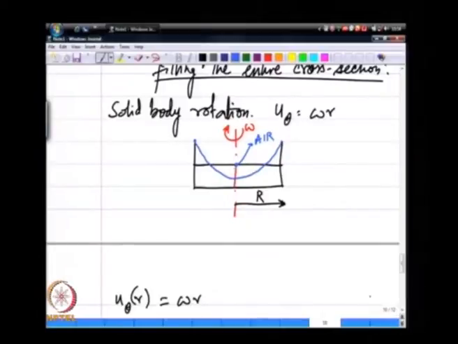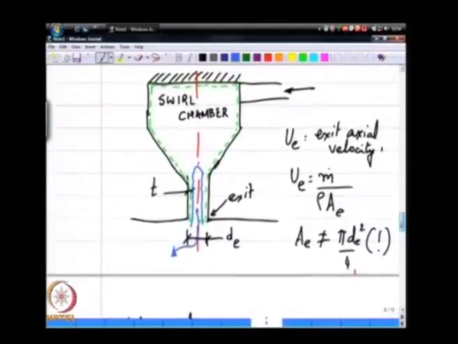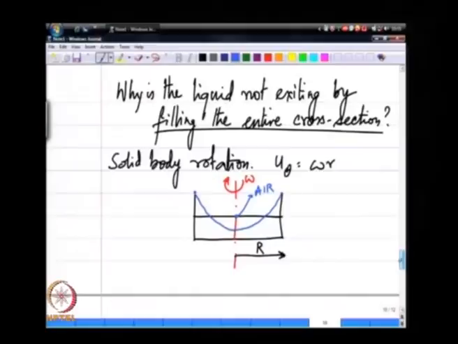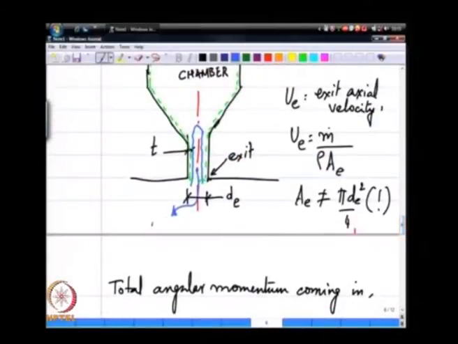Now, as I spun the container up to some finite angular velocity omega, the air which was outside got dragged in here because of the pressure gradients. The net result is exactly the same as in this case, except since there is no stabilizing force like gravity, the air is dragged essentially all the way into the swirl chamber, and this is called the air core.